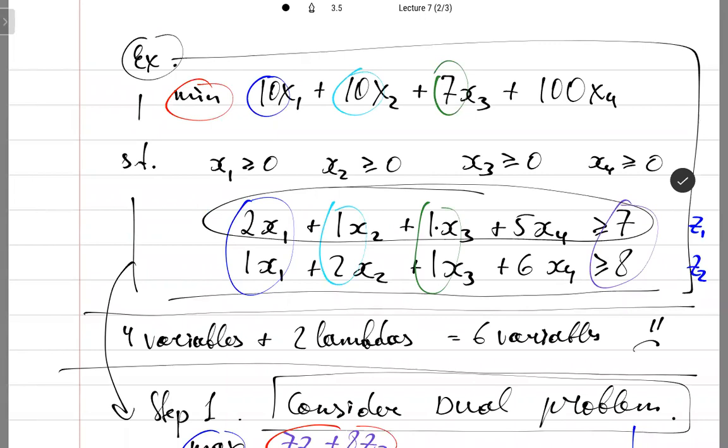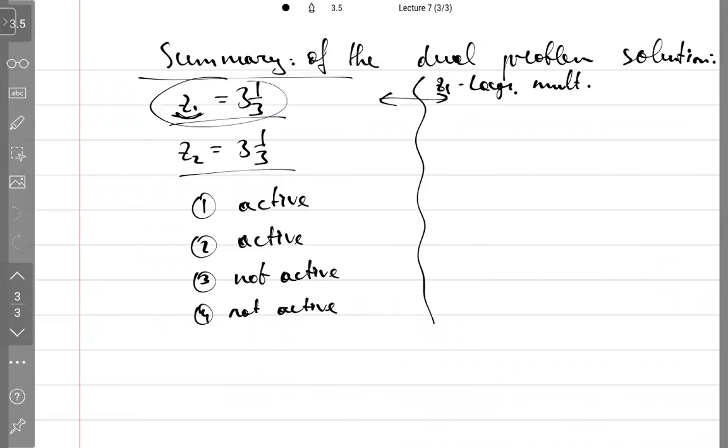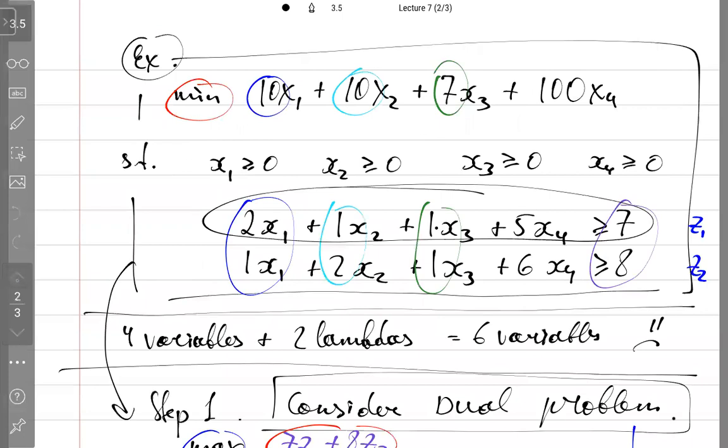2x1 plus x2 plus x3 plus 5x4 is greater than 7. So it's a Lagrange multiplier that corresponds to 2x1 plus x2 plus x3 plus 5x4, greater than, I forgot, 5, 6.